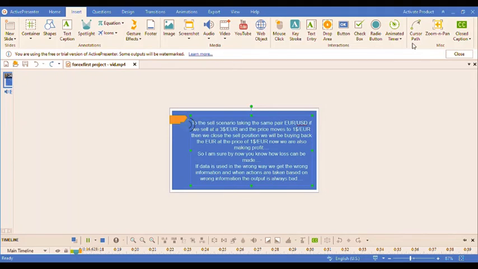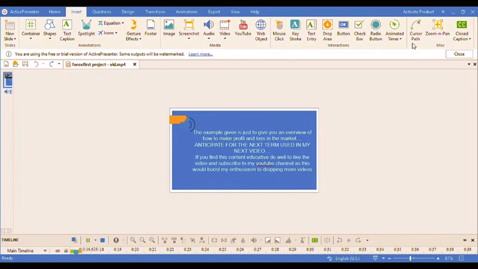Take note of that. When we misuse the data we have on the chart, we take wrong decisions. Now, the example given is just to give you an overview of how to make profit and loss in the market.